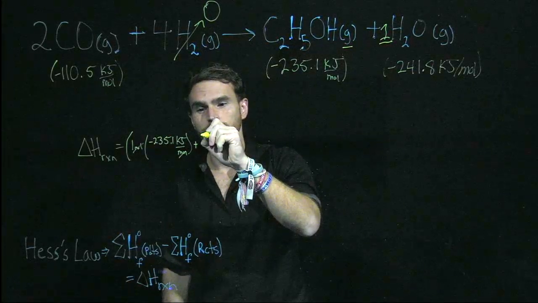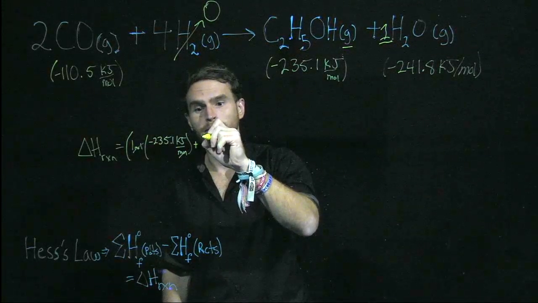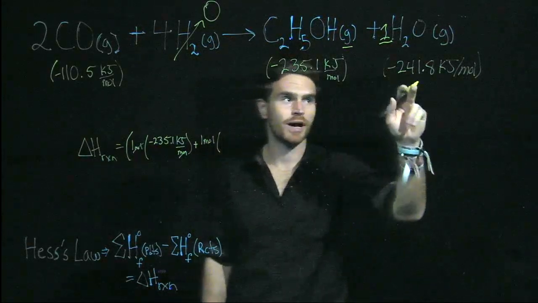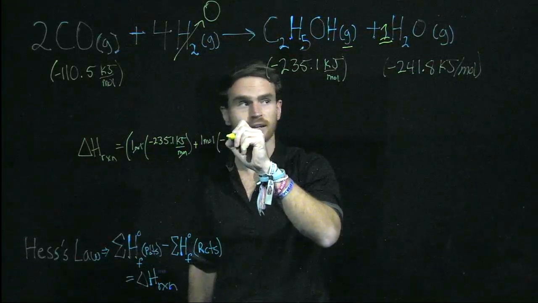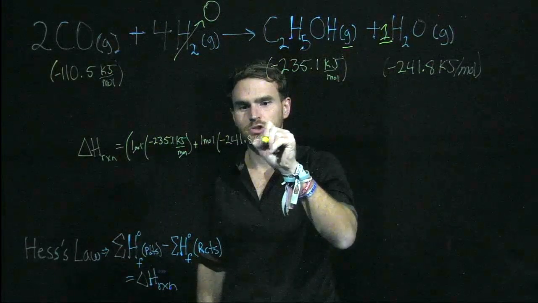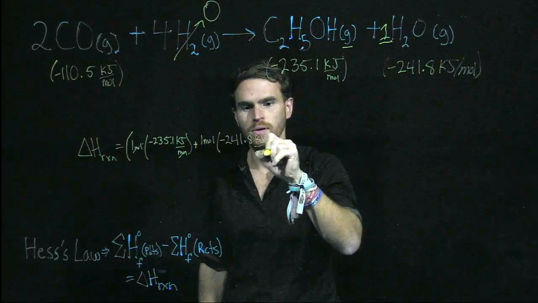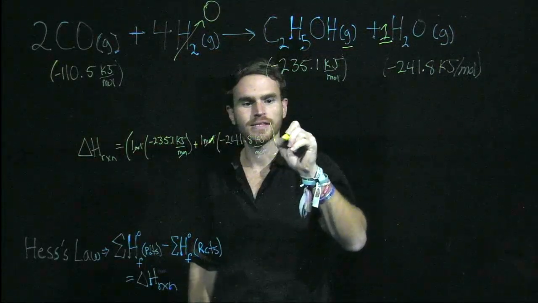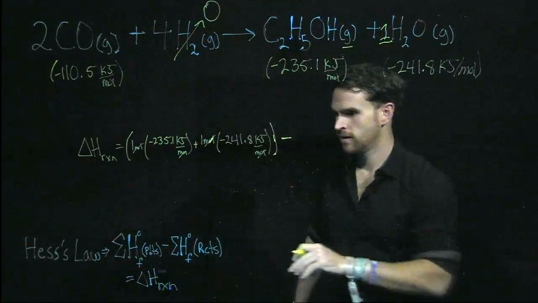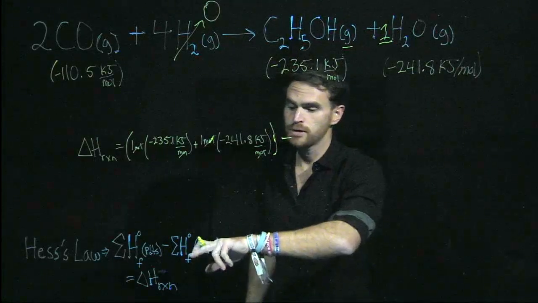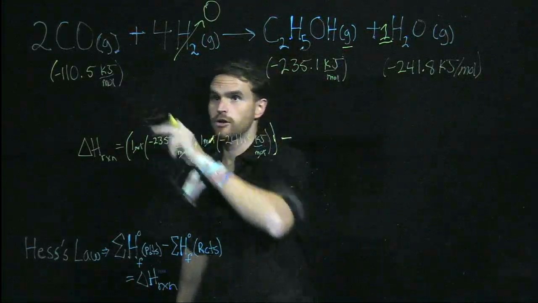So we have 1 mole of water multiplied by its enthalpy of formation, negative 241.8 kilojoules per mole, and again the moles cancel out. Then we subtract the sum of the enthalpy of formation of the reactants, on the left-hand side.